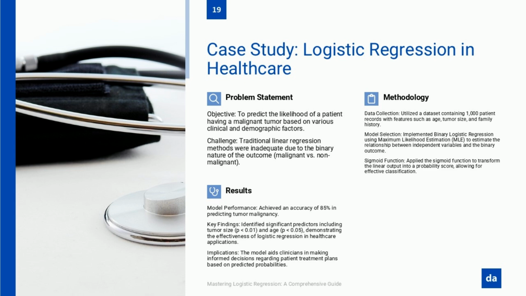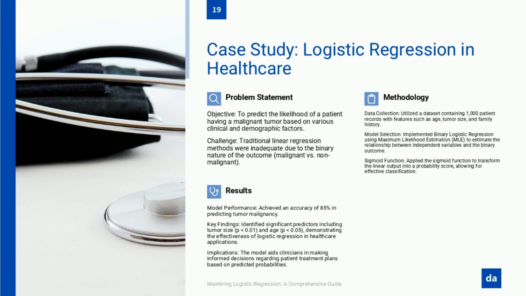If family history has a strong effect, it tells us that genetic predisposition is a key factor. By exponentiating the coefficients, we can convert them into odds ratios, helping doctors understand how much each factor increases or decreases the risk.